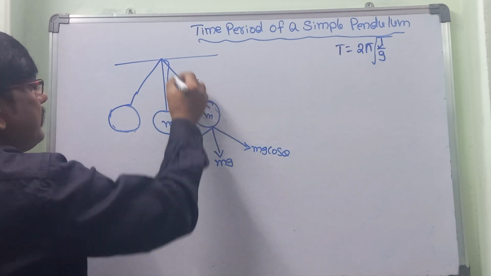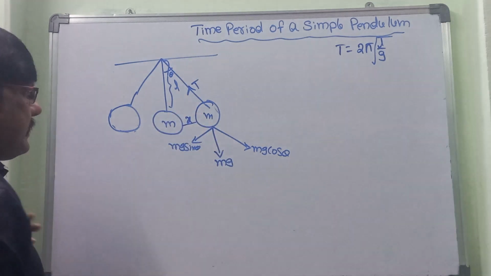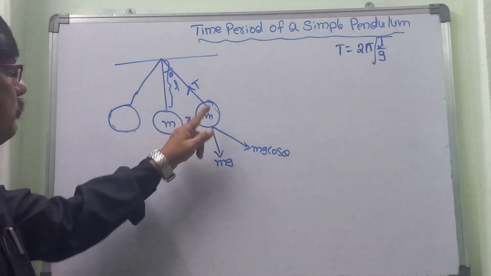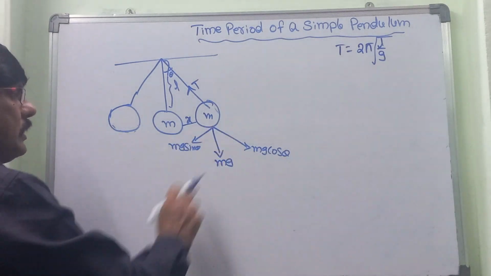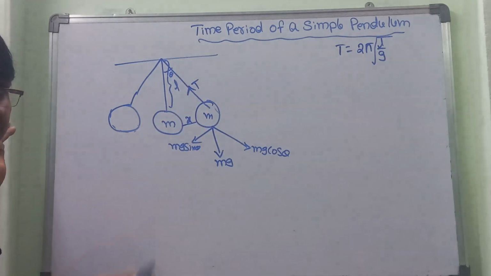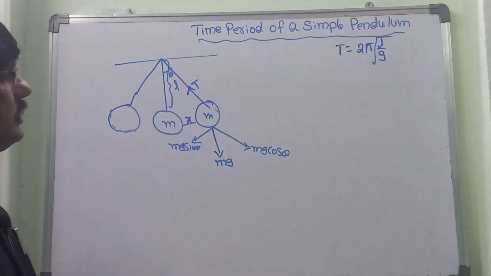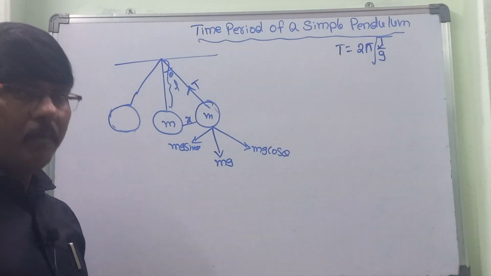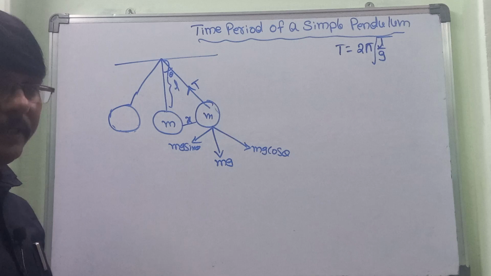It makes a certain angle theta here, and it covers a distance x from the mean position. Then mg cos theta balances the tension, which acts along the string. mg sin theta makes the bob move in circular oscillatory motion.